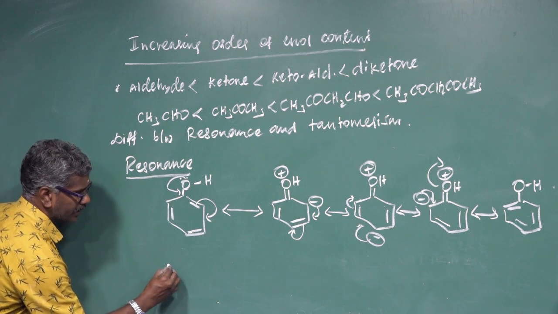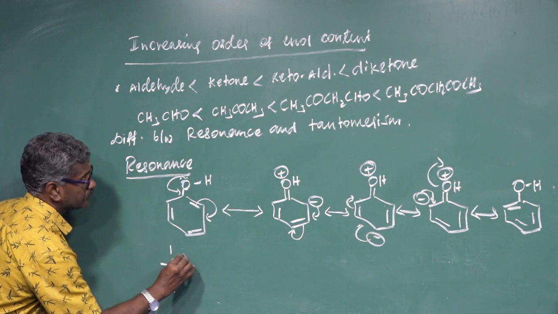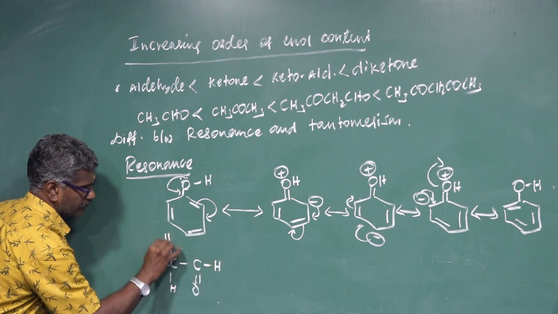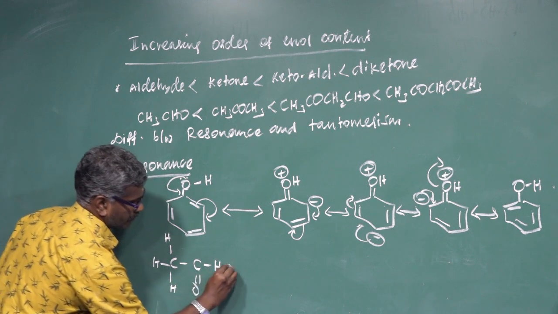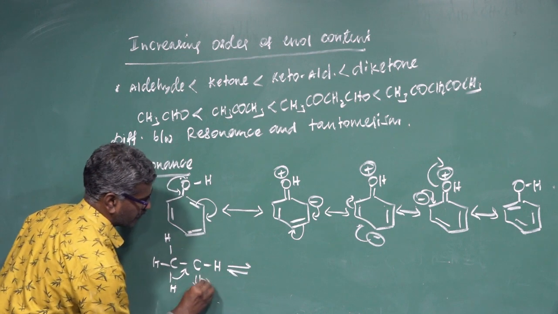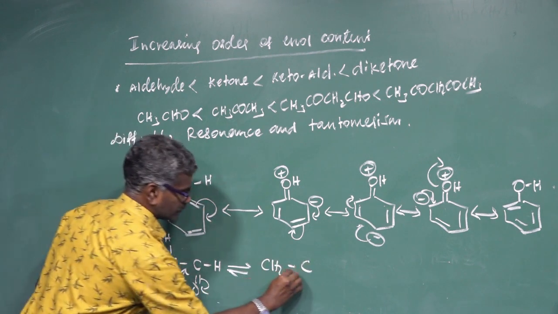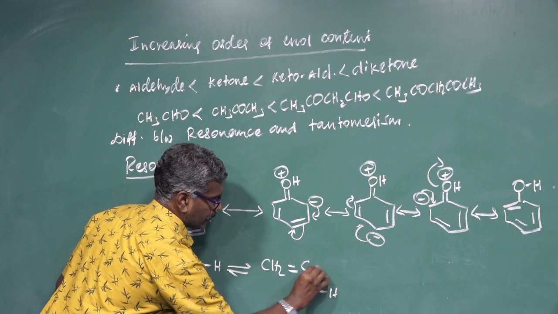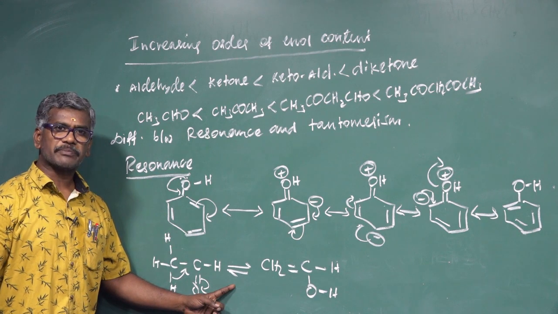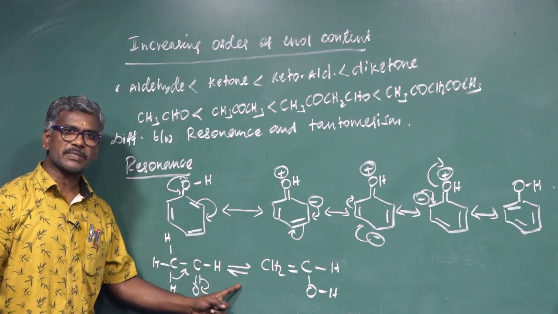For example, aldehyde. This one is an example for tautomerism. What is the major difference between resonance structure and tautomerism?